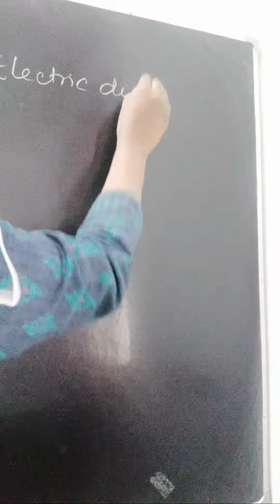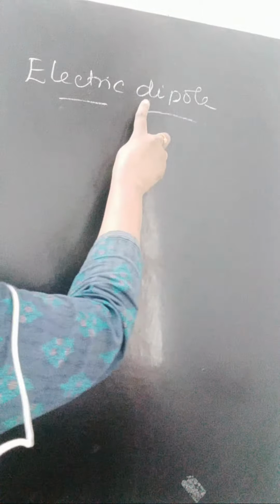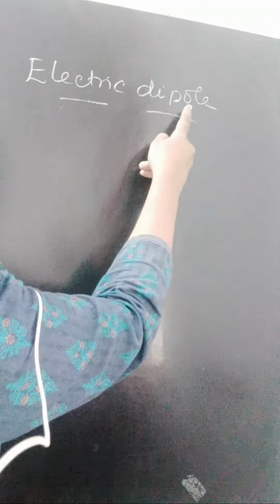That is electric dipole. What is it? Previously we came across this word whenever we studied the electric field. What is meant by electric dipole? Di means what? Two, right? So when two poles are joined together, they are known as the electric dipole.